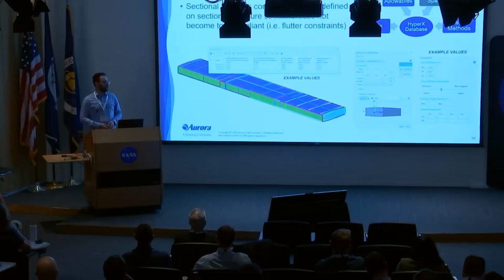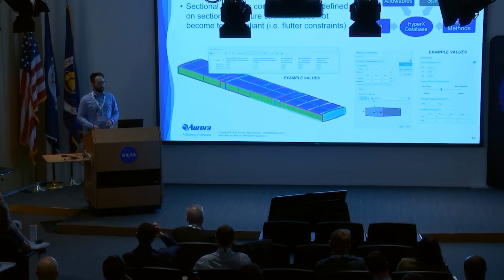You can easily pull this out and tabulate this and have a history, and it makes flight physics people really happy when you give them that information ahead of time, as opposed to just dropping them a bunch of properties down the road and finding out, hey, our stiffness just came out of whack, and we're going to have to go back and you're going to add more mass. So it really makes a friendly interface when working between teams.